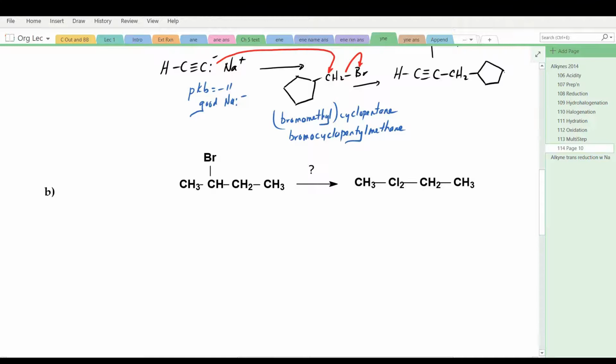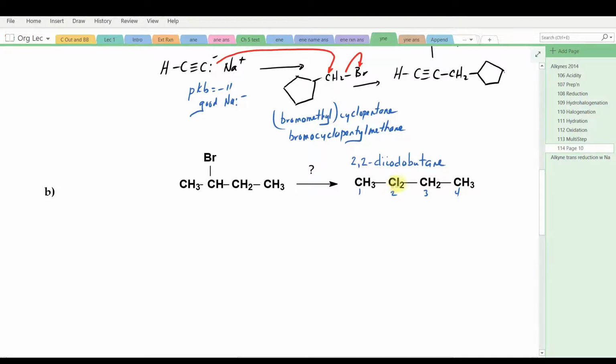Let's try B. Here we have 2-bromobutane going to 2,2-diiodobutane.